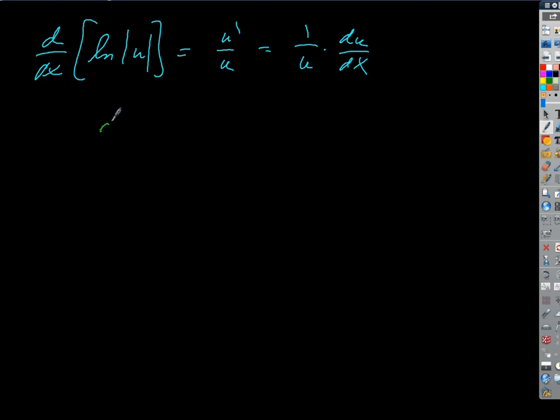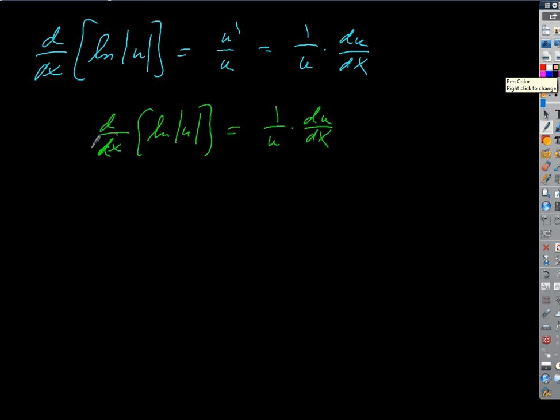So if I'm starting off with the derivative with respect to x of natural log of absolute value of u equals 1 over u times du dx, what do I do to put this into differential form? Just think algebra. Differential form means I'm not differentiating with respect to anything. I'm just taking the derivative of one thing equals, right?